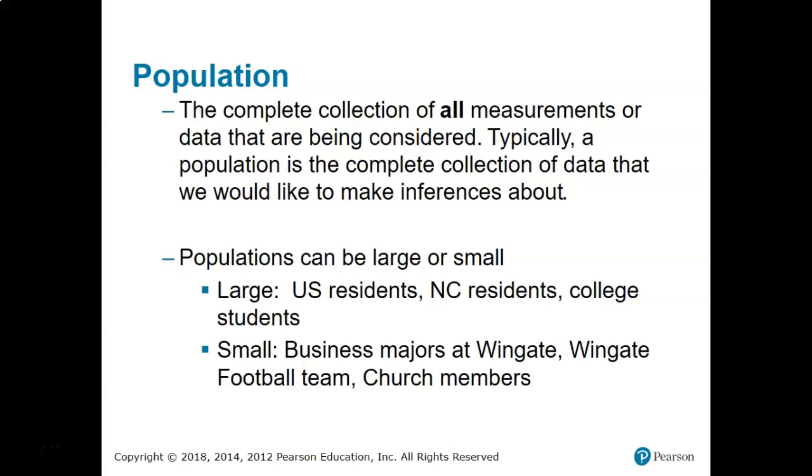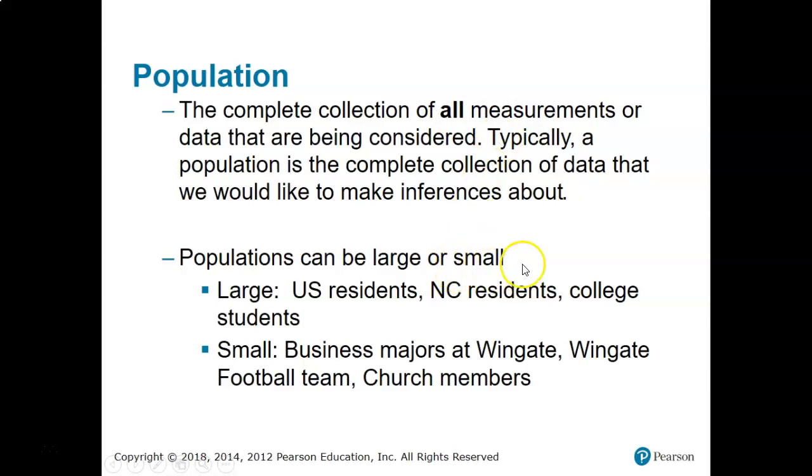And the population is what we want to be able to draw some kind of conclusion about. So we won't be able to study every person in the United States, but we can draw a sample from that and study the sample and then infer something about the entire population. So the key word here with this is the word all. Okay, so with the population, you're talking about all the measurements that are being considered there.